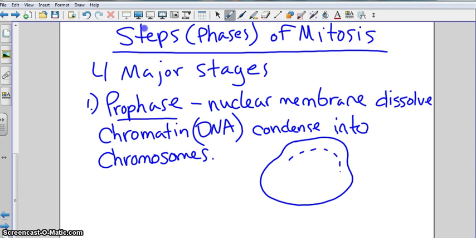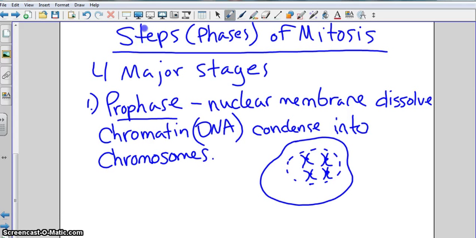The nucleus is going to start to break down, so I draw it as a dotted line because it's starting to go away and disappear. And the chromatin is going to condense into these X-shaped chromosomes. So this particular cell has how many chromosomes? 4.